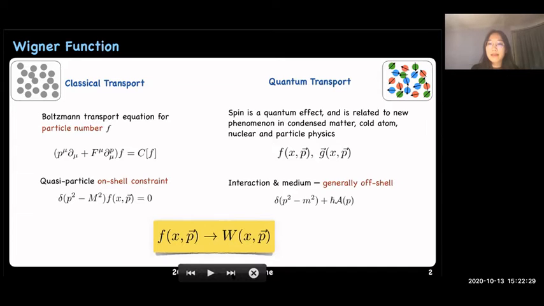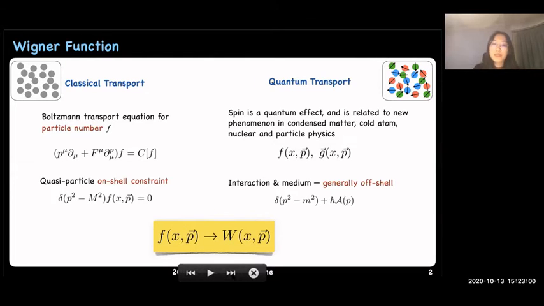And ever since the discovery of the spin, it is involved in many interesting new phenomena. In order to describe the transport phenomenon related to spin, it is also required to calculate the spin distribution function. And also in the quantum system, the particles are generally off the mass shell because of the interaction with the medium and also the off-shell scattering process.